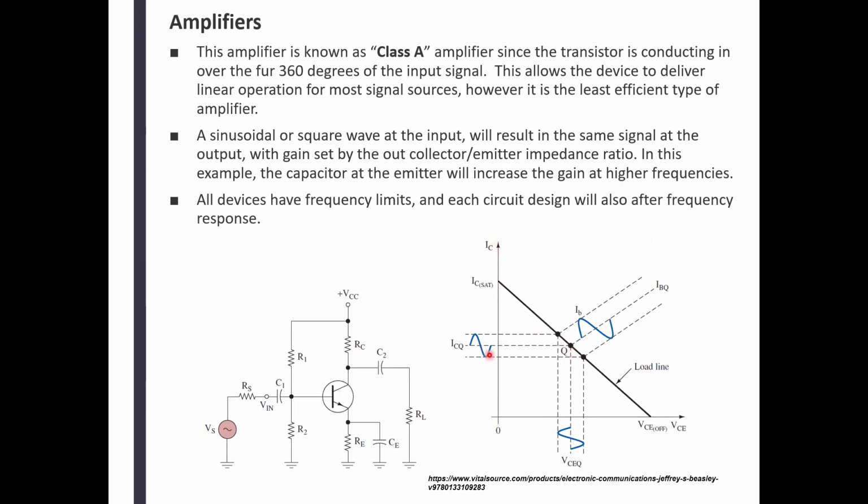So here is the current on the collector. Here's the collector emitter voltage. You are varying that, which is the current on the base.